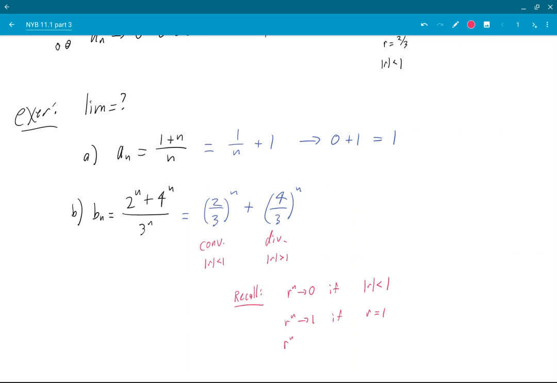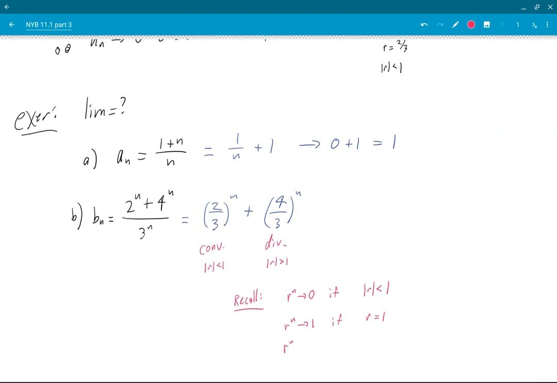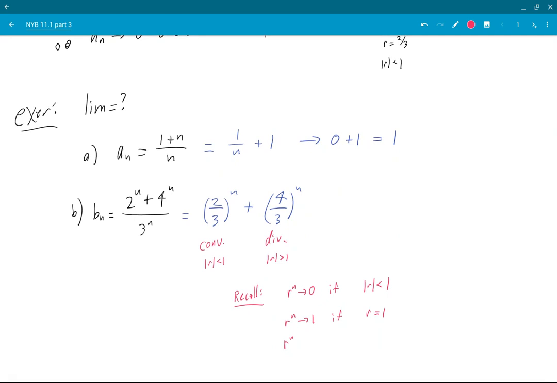Rn diverges otherwise. Okay, let me just stare at that for a second to make sure I got that right. Yep, and if r equals 1, you get 1. Okay, so this is the thing you should memorize. I hope that makes sense to you.